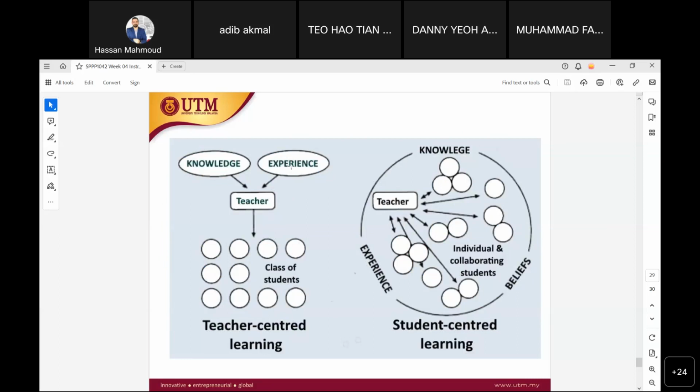So it's one way of communication. On the other hand, in student-centered learning, we have two ways of communication.